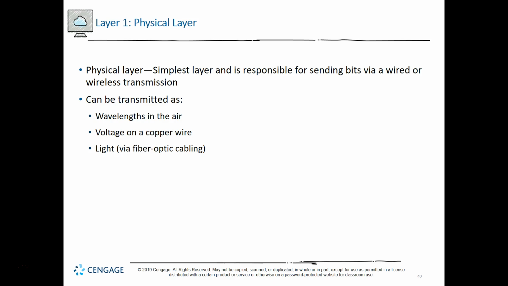So what you're really sending are bits. A bit is a single 0 or 1. And so it can transmit it as a wave in the air, like a wireless signal, voltage on a wire like what we have in here, or maybe it's light in a fiber optic cable. That's all it can do. So physical, I think, is the easiest thing to understand in there.